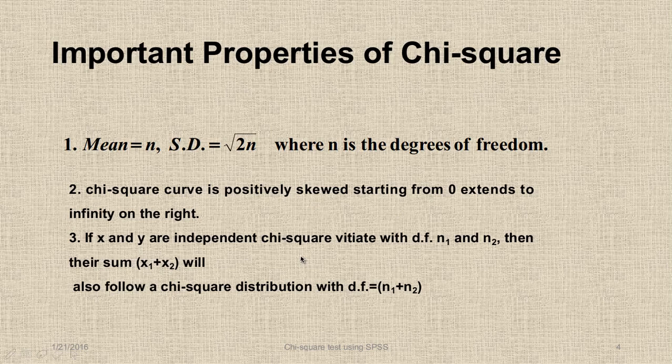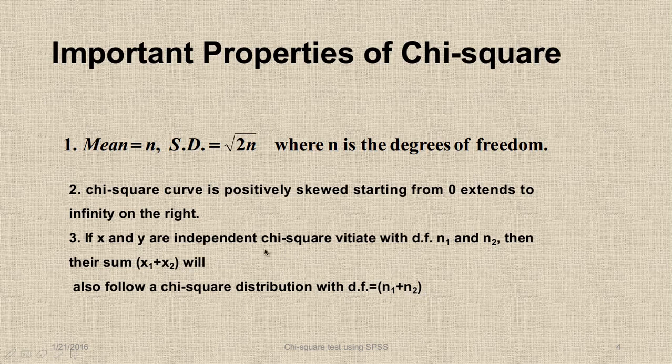Another important property of the chi-square distribution is that suppose you are considering two independent variables x and y which are following chi-square distributions with degrees of freedom n1 and n2 respectively. Then if we take the summation of these two variables, x plus y, their sum will also follow a chi-square distribution with degrees of freedom n1 plus n2.